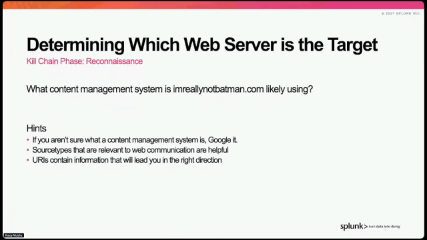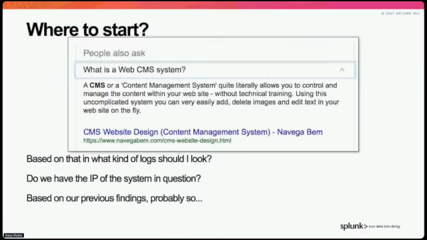All right, so as I mentioned, if you don't know what a CMS is, that's totally fine. I know as a security analyst, I certainly don't know that much about web servers, so I want to go ahead and just Google that. When I type in what is a web CMS here, I can see that, okay, this is what's actually letting us control and manage the content on my website.